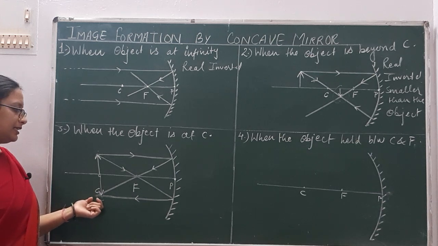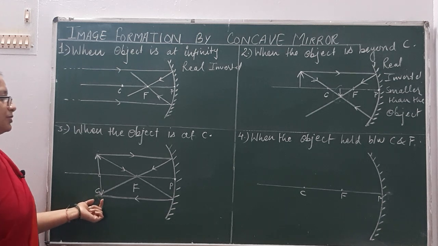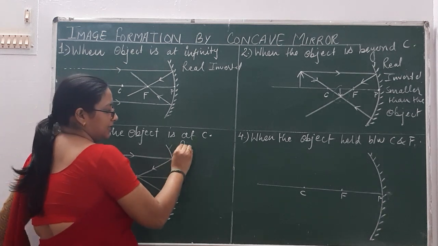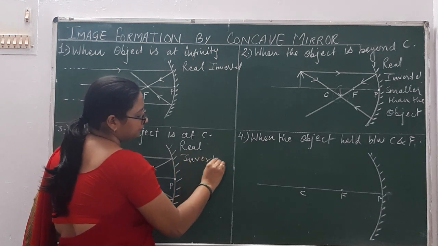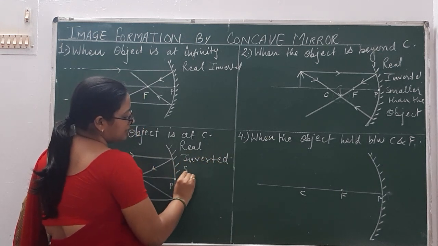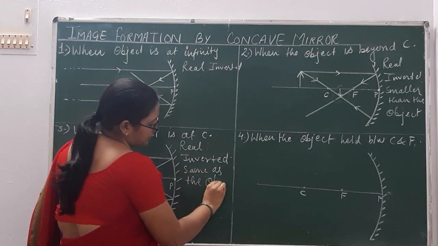So the nature of image is real, and real image is always inverted. So in this case image is real and inverted, and size same as the object.